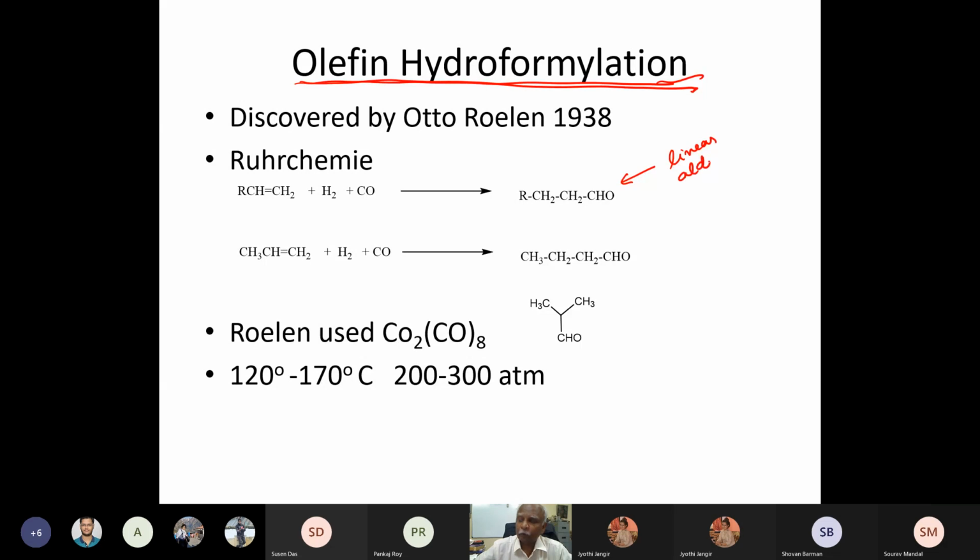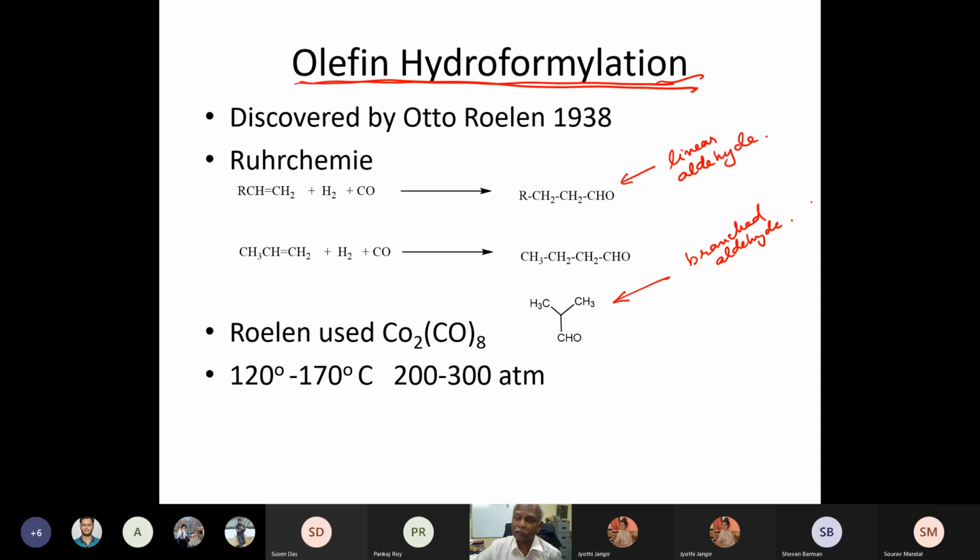That is the target molecule. And the side product is in fact this branched aldehyde. So people worked on these reactions.